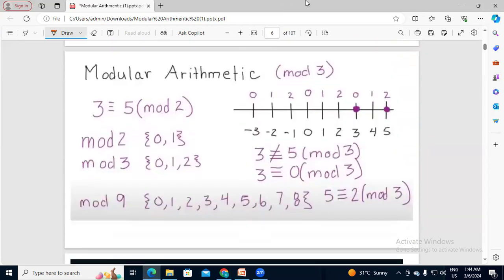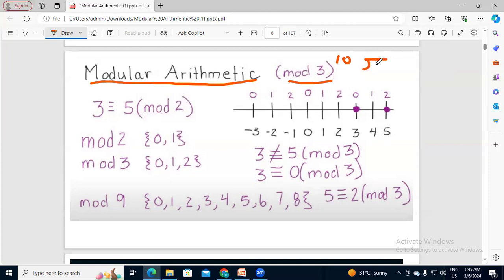Moving to the next important part, that is modular arithmetic. In modular arithmetic we have the modulus operator, right? Mod is nothing but, whenever we write 10 mod 3, what does it mean?